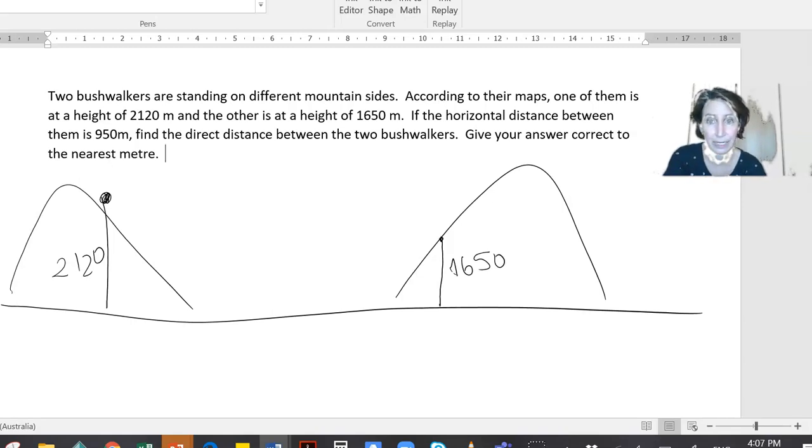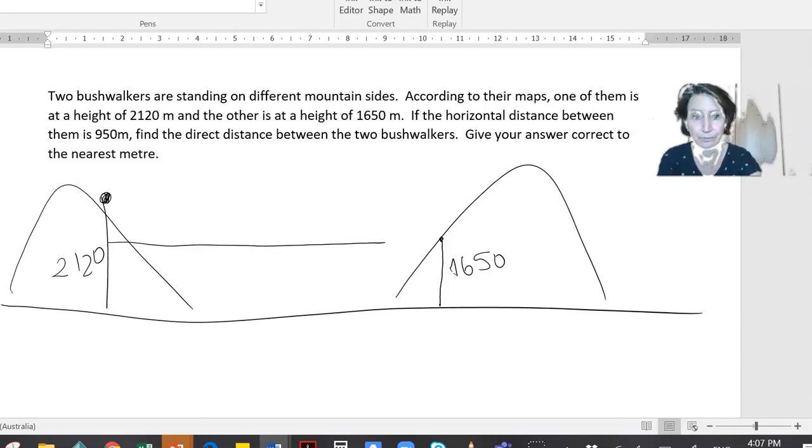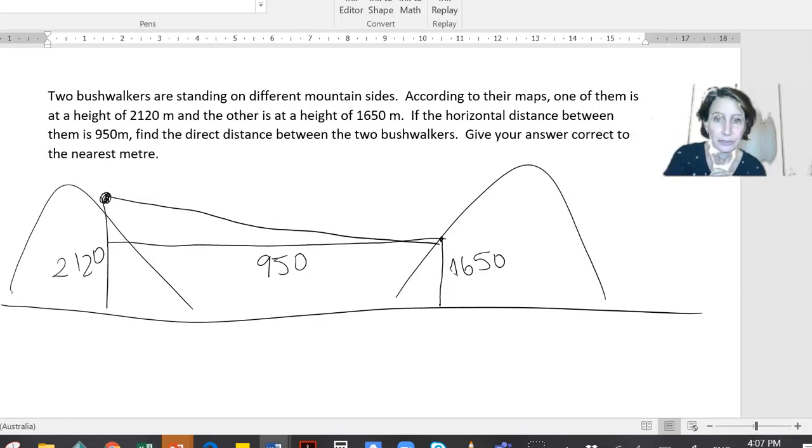It says the horizontal distance between them is 950. So that's our horizontal distance. It's 950. But what we are asked to calculate is the direct distance between them. All right, so here's our right-angled triangle, and we're asked to find out what is this distance here, C.